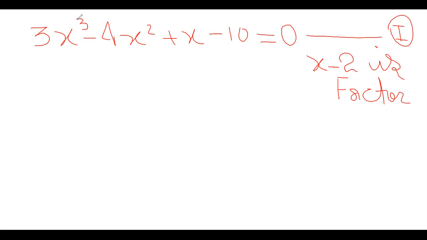Yes, absolutely right. When you are dividing this, you will get 3x squared plus 2x plus 5. So 3x squared plus 2x plus 5 is equal to 0. Now this is the quadratic equation.